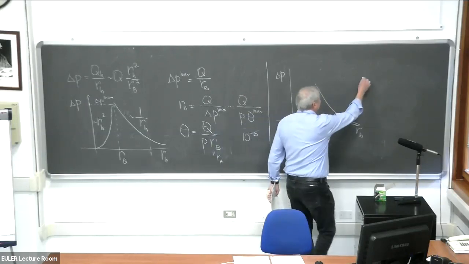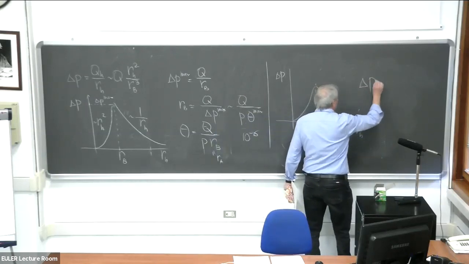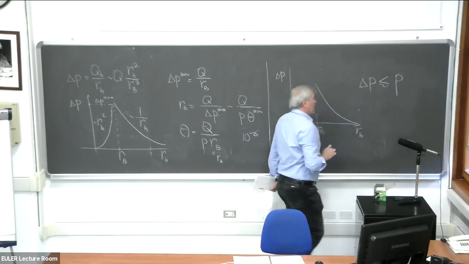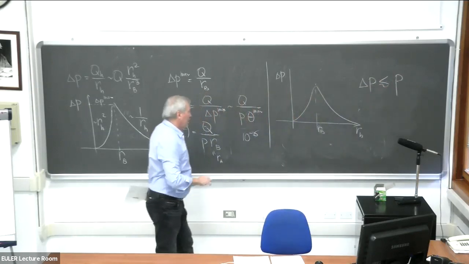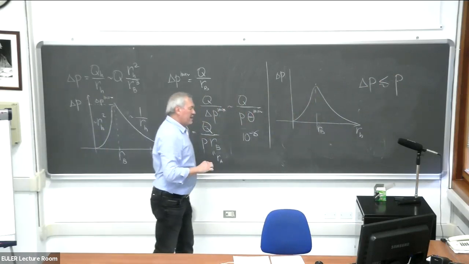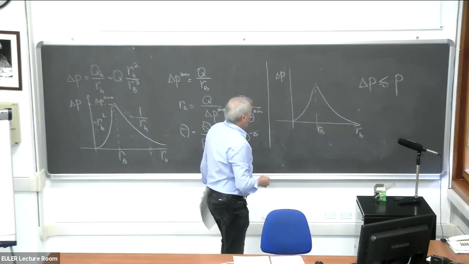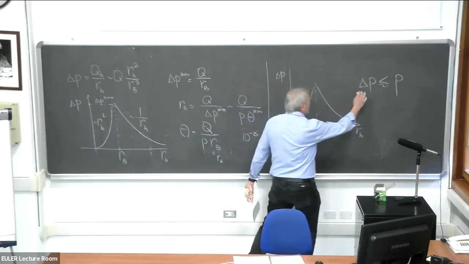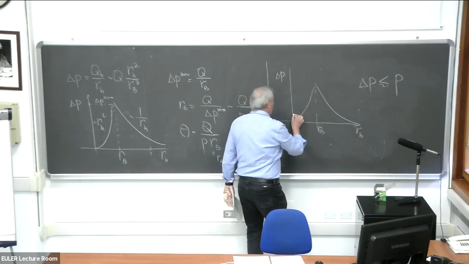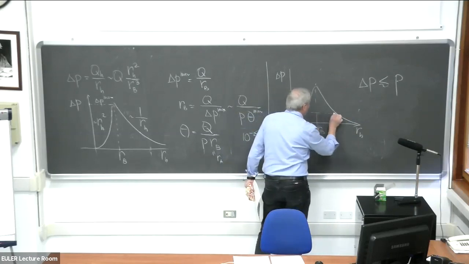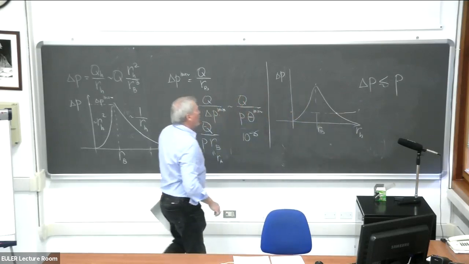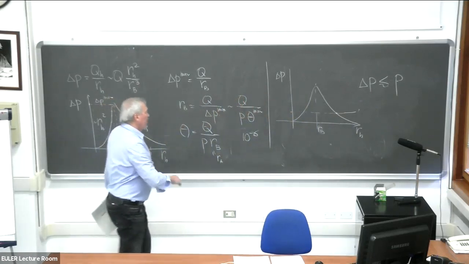Delta P is smaller or equal to the initial momentum of the particle, right? And if we have particles accelerated to a certain energy or momentum, then we know the maximum delta P. Suppose this delta P is such that we are somewhere here, so we are not reaching this maximum.